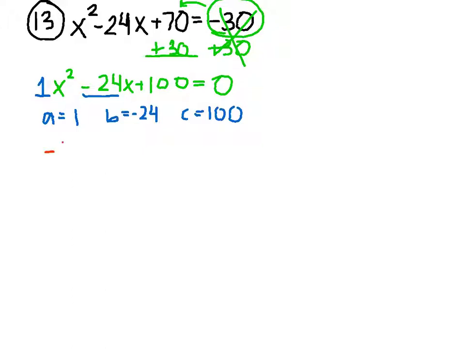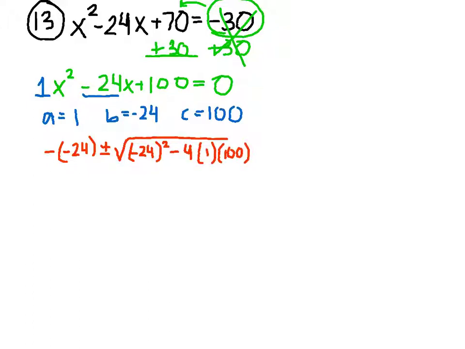So we have negative b, so negative, and then our b, which is negative 24, plus or minus the square root of b squared, which is negative 24, make sure you have that in parentheses, minus 4ac, all divided by 2a. And again, make sure you divide the whole numerator by the denominator.